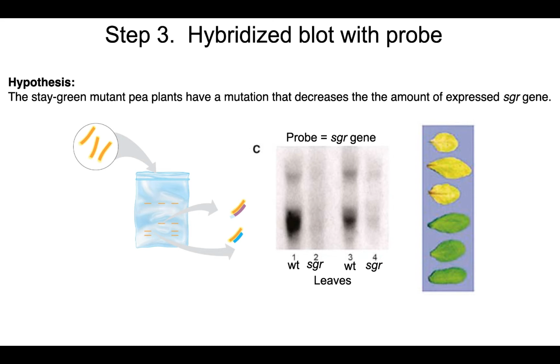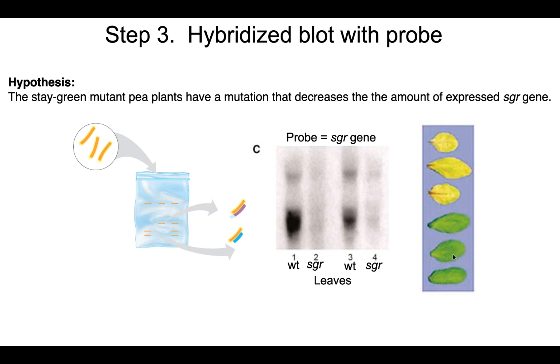So here's an actual experiment that was done using a northern blot to ask a question, to test a hypothesis. The hypothesis is that these leaves are mutant leaves. They have this mutation called stay-green. Normally, these leaves would eventually senesce and turn yellow, but these don't.